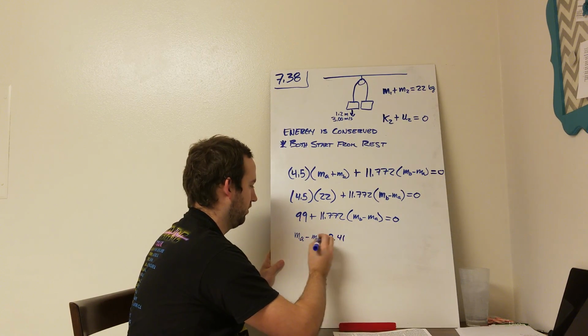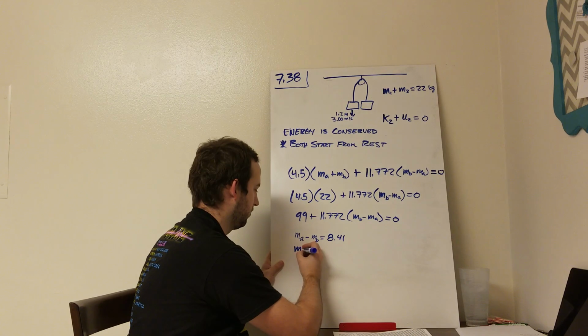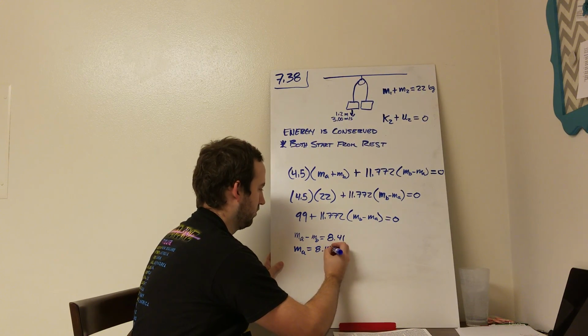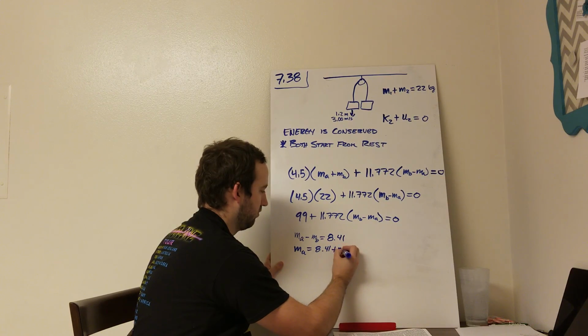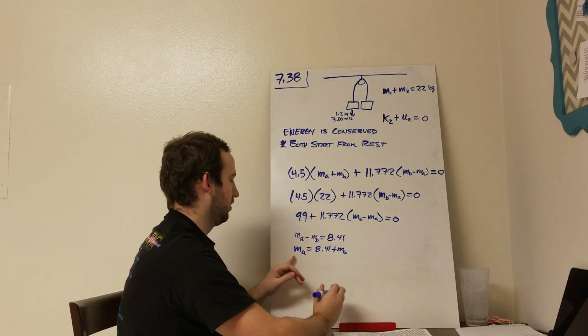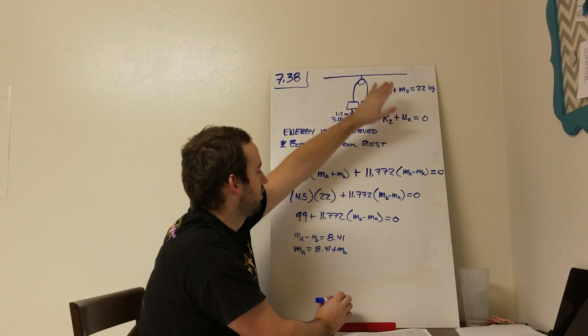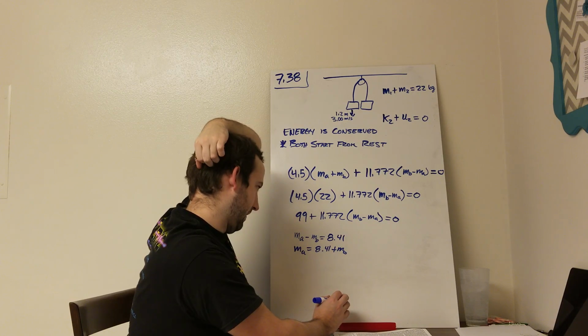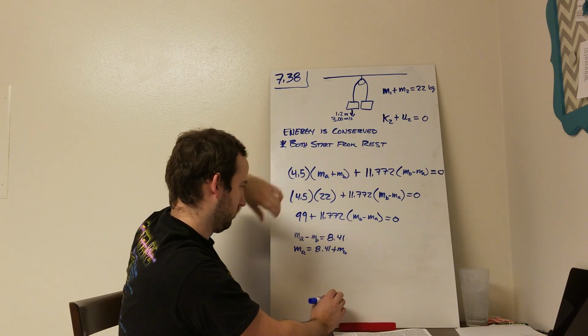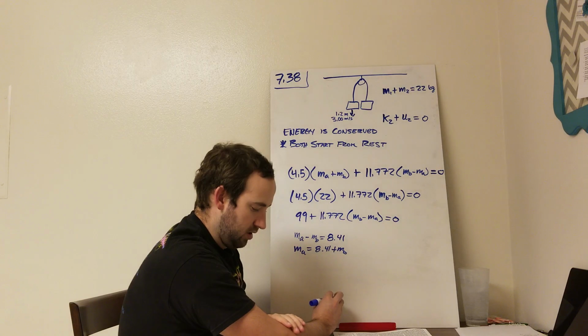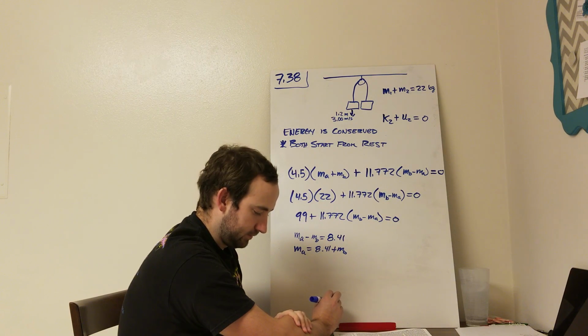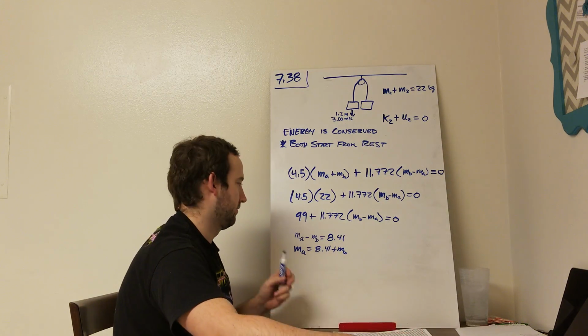So to solve for mA, move mB over, so mA equals 8.41 plus mB. So now we know mA. Or actually, sorry, mixed it up.